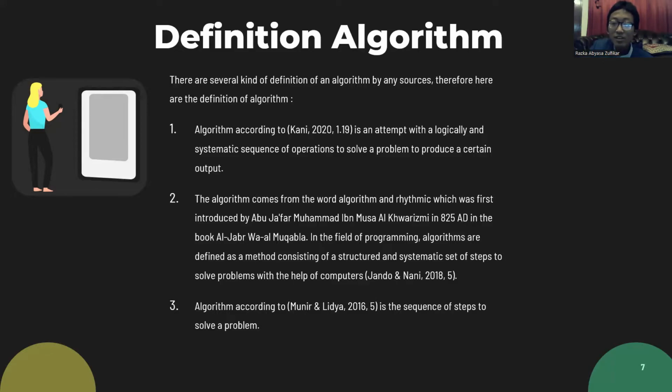al-Khawarizmi in 825 AD in the book Al-Jabr wal-Muqabala. In the field of programming, algorithms are defined as a method consisting of a structured and systematic set of steps to solve problems with the help of computer, Jendo and Nani, 2018.